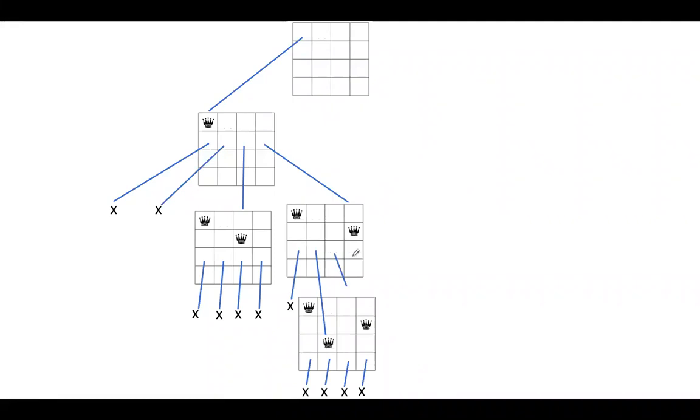It's not possible. Place it here. Again, it's not possible. So placing this was not right, but there was no other option to place the second queen. And we'll come to the first iteration itself, wherein placing the first queen in the first box itself was not the right choice. So we'll go back to the initial condition.